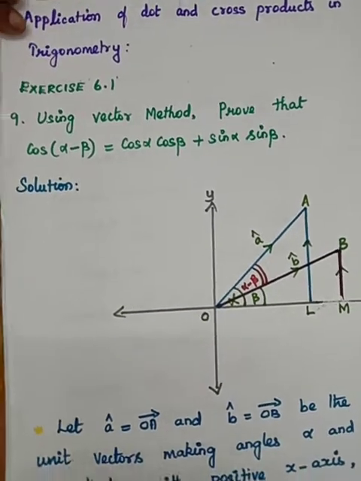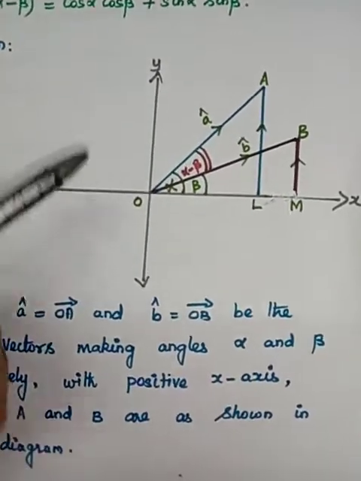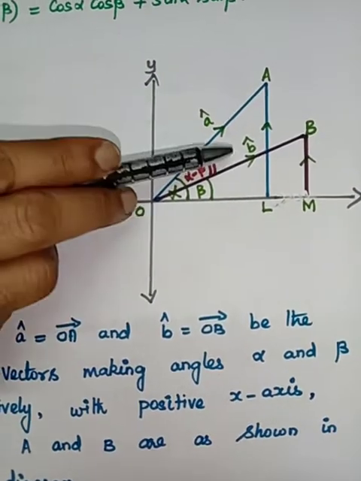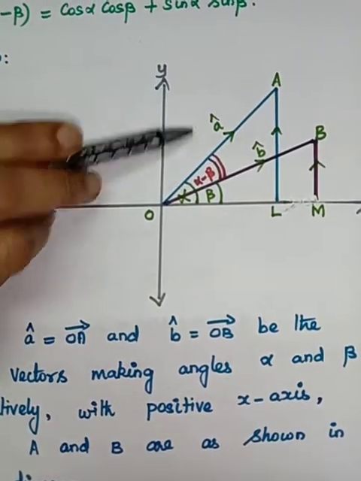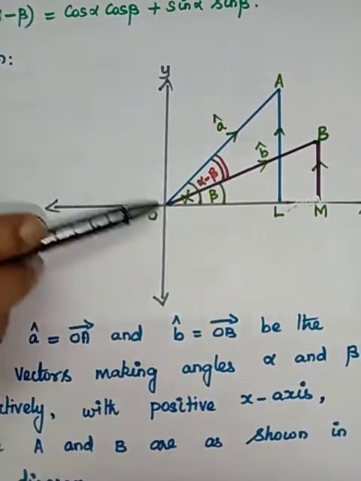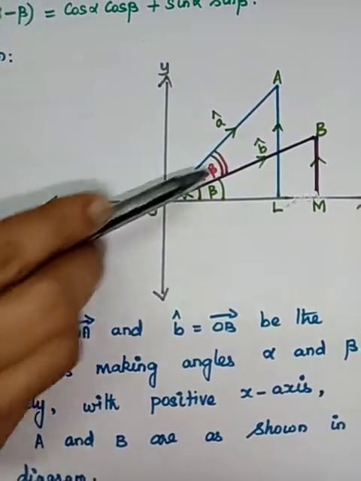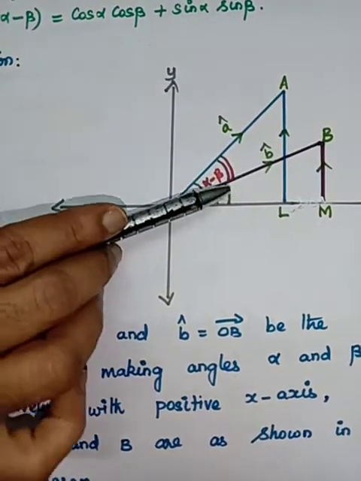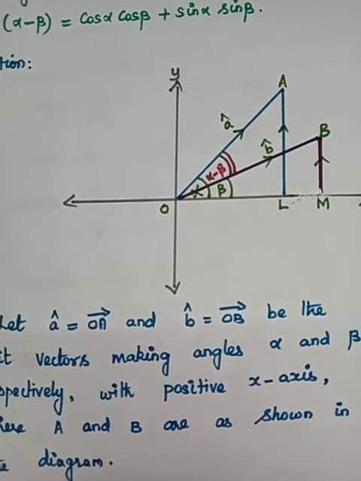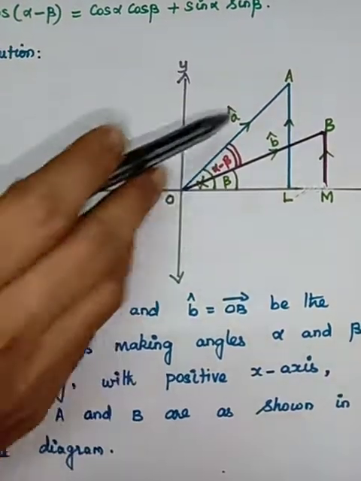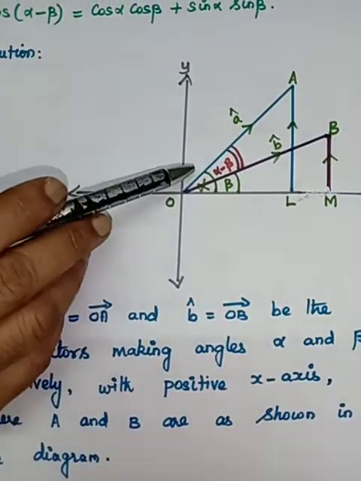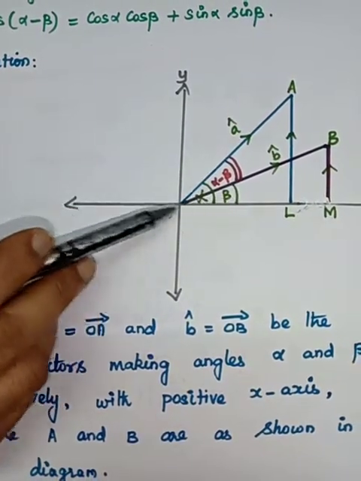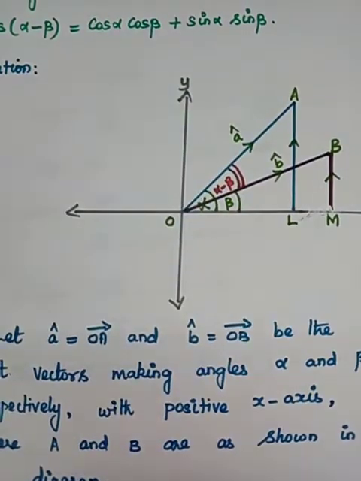For that, we have to take the two vectors a cap and b cap. a cap is equal to OA vector and b cap is equal to OB vector. They are unit vectors. OA and OB make angles alpha and beta with the positive x-axis.